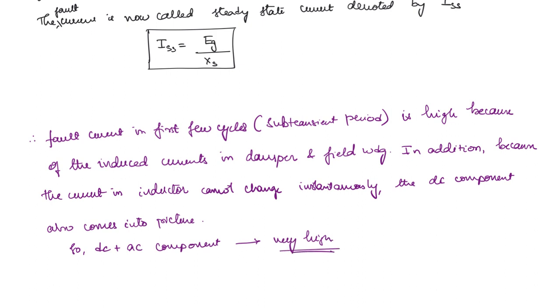After that, the DC component is also reducing as well as the AC component is also reducing. Okay. So for that small instant of time, we have to protect the equipment. When that amount of high current is flowing, we have to protect the equipment. So accordingly, we will choose the protective equipment, the circuit breakers and everything. Okay.